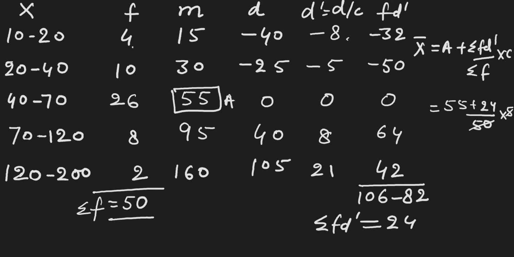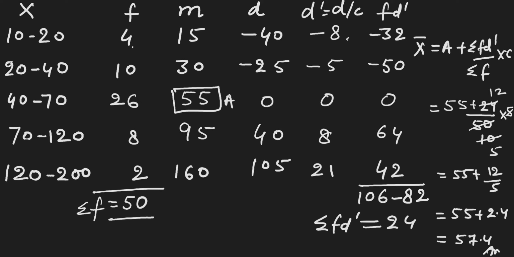If we cancel it, it will be 10, then dividing by 2, it will be 12 by 5. So it is 55 plus 12 by 5. If we divide 12 by 5, we get 2.4. So our final value will be 57.4. This is our final answer.